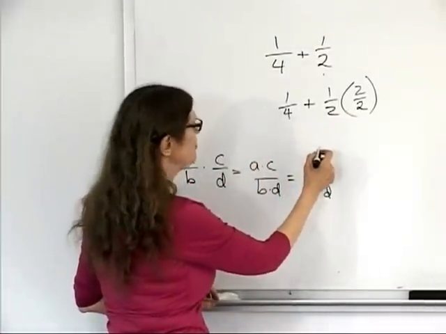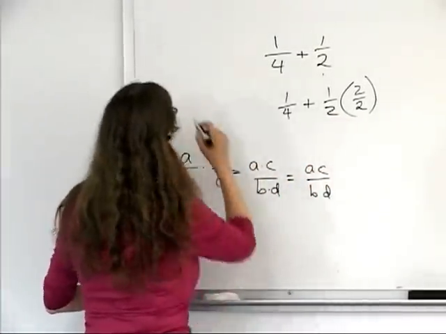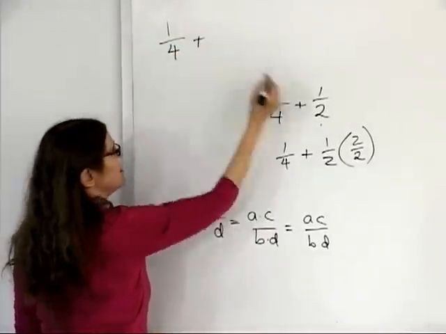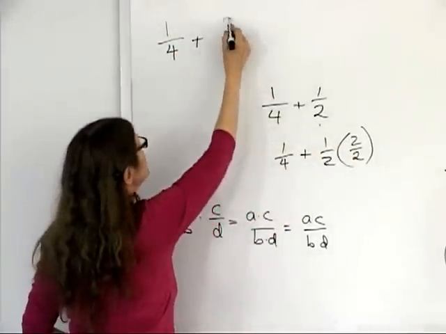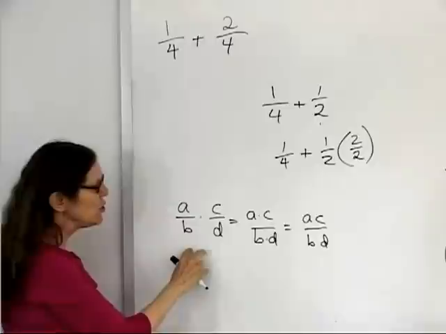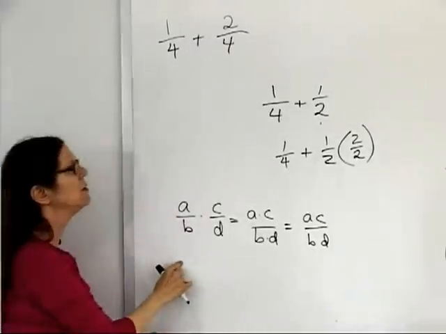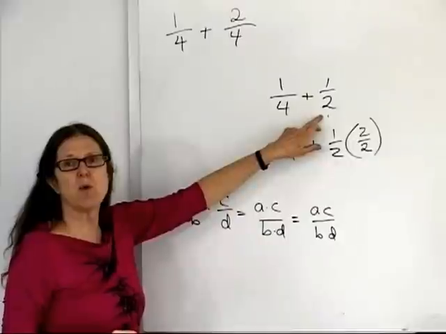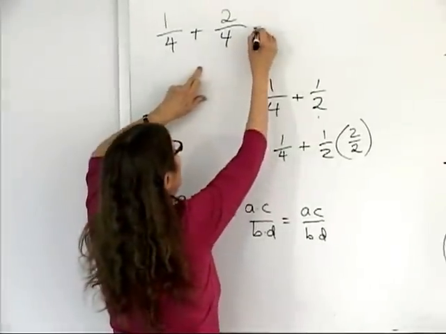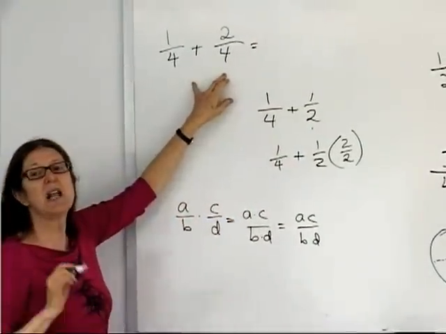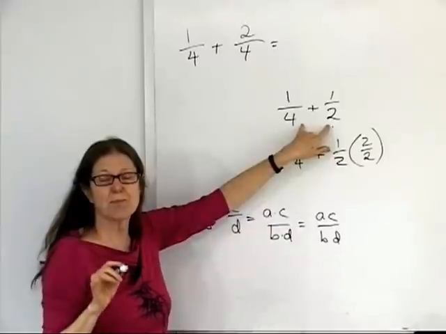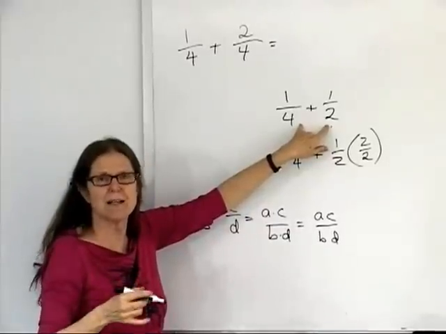And what I wind up with, let me do this over here, is 1/4 plus 1 times 2 is 2, and 2 times 2 is 4. So I've used this rule to re-express 1/2 as 2/4. Now I have like fractions instead of unlike fractions that the problem originally stated.